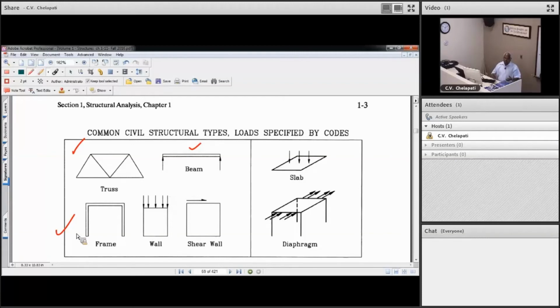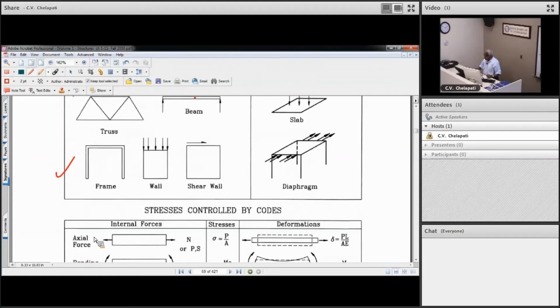They give you an answer, but how did they get it? If they told you all that, you would take over their companies. Anyway, slabs and diaphragms are computable.